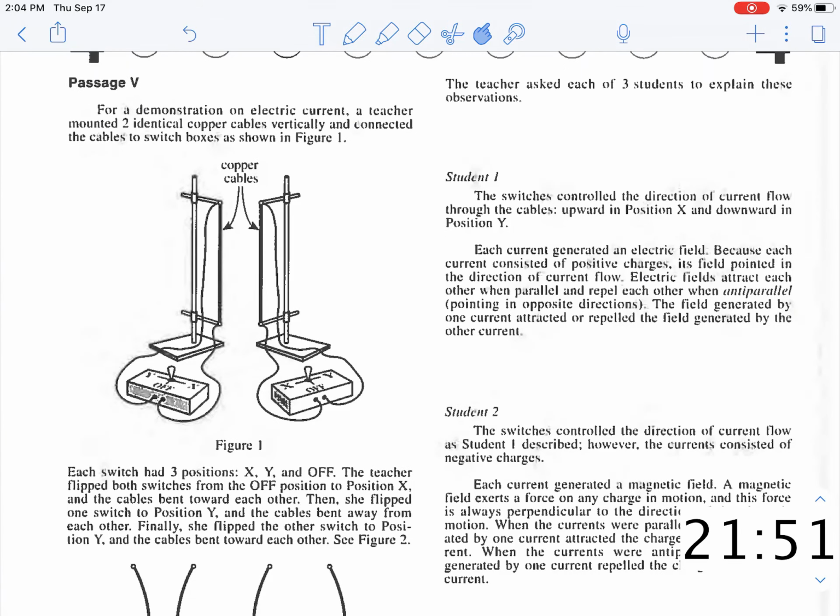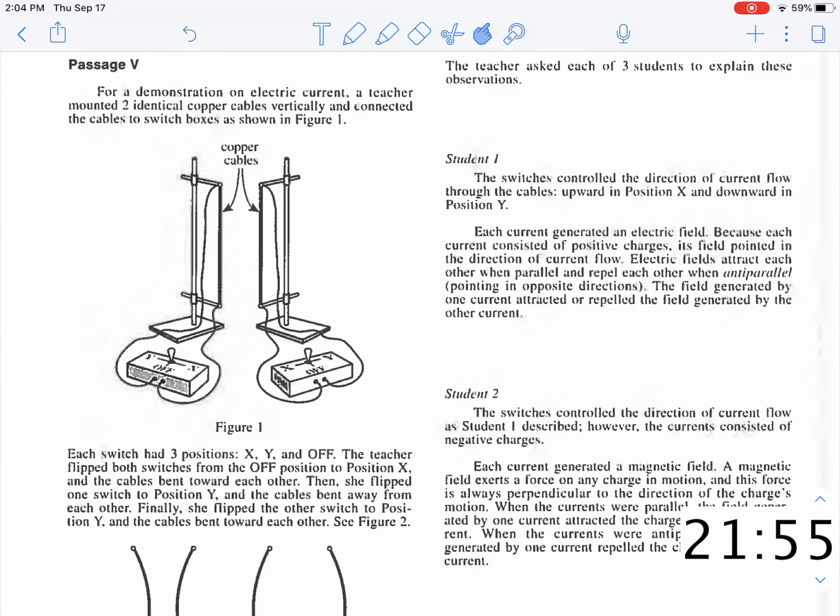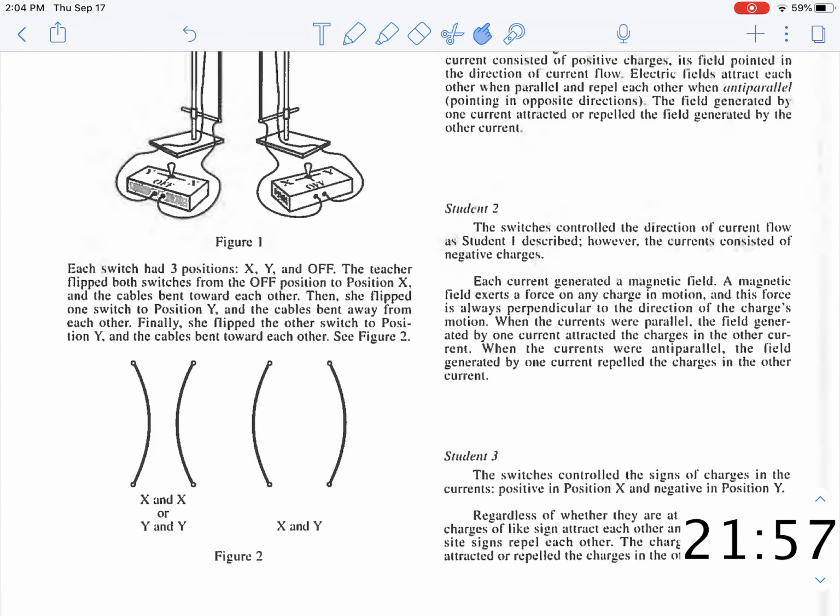See later. Okay, great. 2 identical copper cables. Each switch had 3 positions, X, Y, and off. The teacher flipped both switches from off to position X. The tails bent towards each other. Then to Y, and then away.